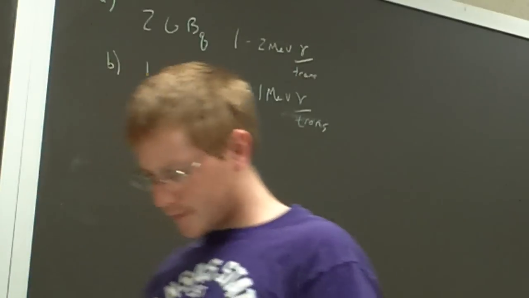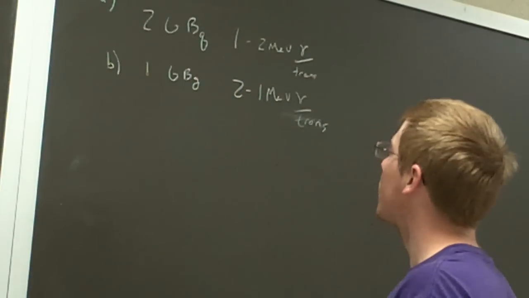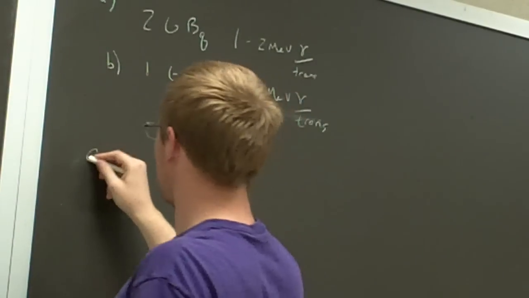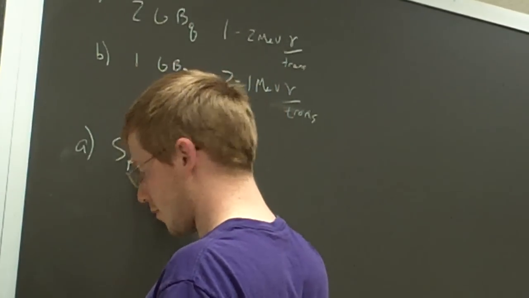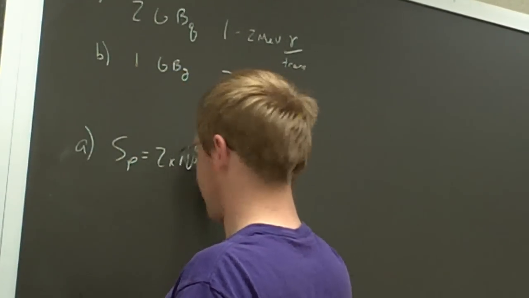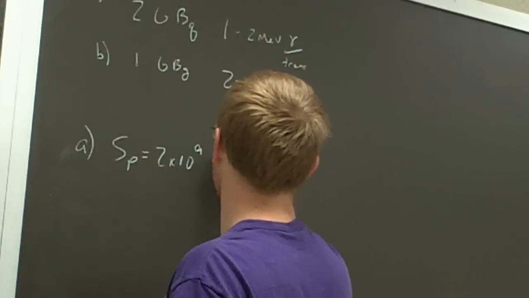So, for A, we get that our source strength is equal to 2 times 10 to the 9 per second.